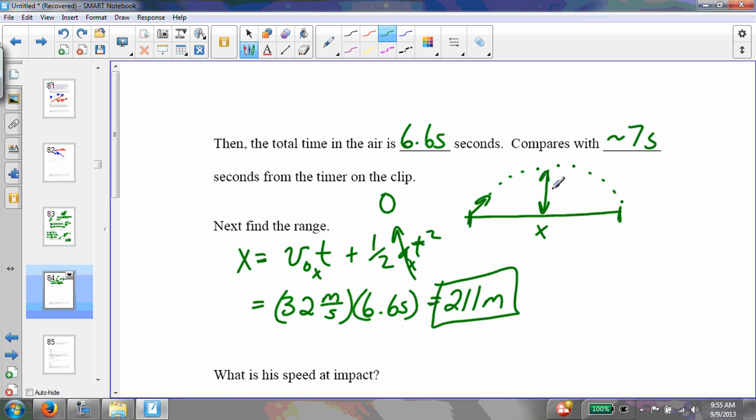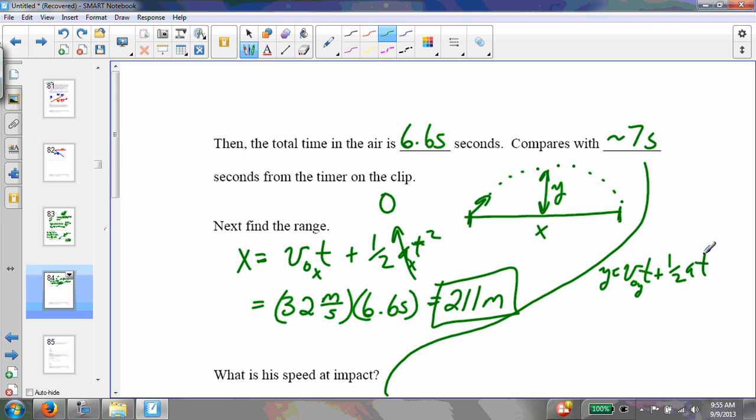Let's go ahead and find out now, although they don't ask this, what is y. What is the maximum height? I'll do this over here to the side, and then I have one more question. But while we're talking about range, I say y equals v0y t plus 1/2 a t squared. Now remember, which t am I going to use? Am I going to use the 6.6 seconds? No, because that would be the y position down here. In fact, if I put in 6.6 seconds, I would find that y is equal to 0, because that's what it equals down here.